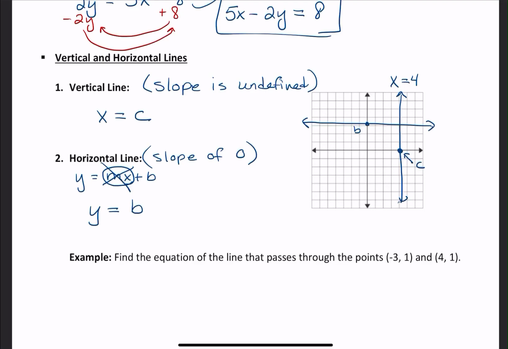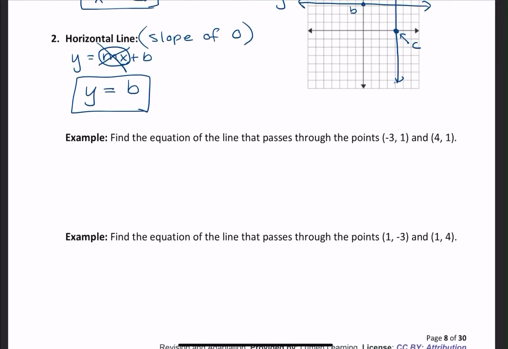So you can work the horizontal line out mathematically. The vertical line, you just need to know that that's going to be the equation x equals, not y equals. So vertical, it's x equals whatever number it passes through, and horizontal is going to be y equals whatever number it passes through.